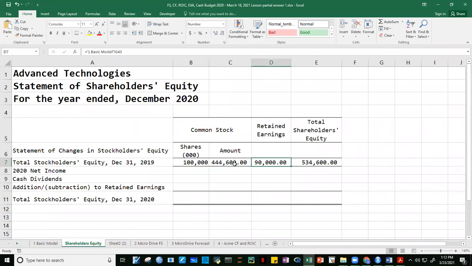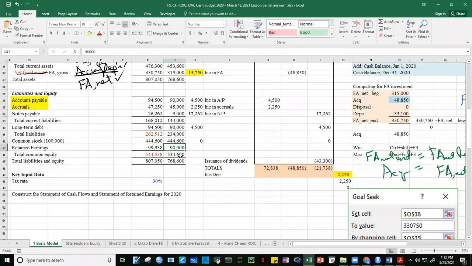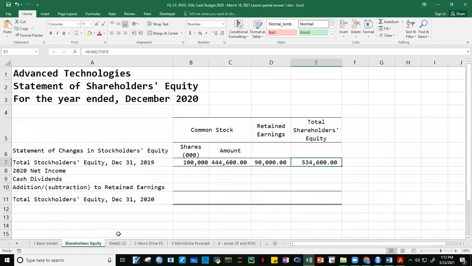So yung 444,600 nadagdagan ng retained earnings na 90. So we get 534,600. So this is obtained by adding the two, or we can just copy yung 534,600. Kasi ito yung ending ng 2019, which is just the beginning of 2020. So yung end ng 2019 is the beginning of 2020. Okay, let's move on to the next one.